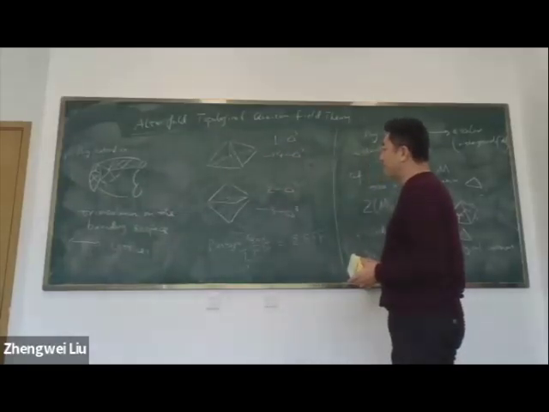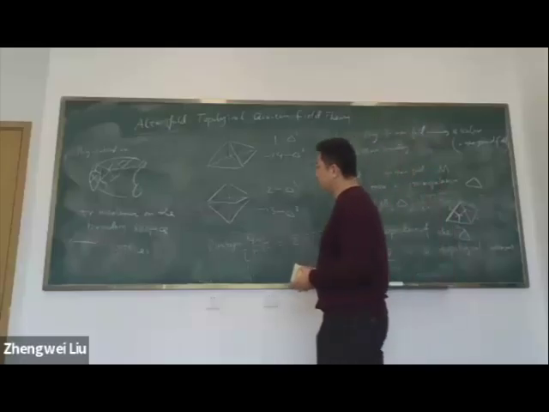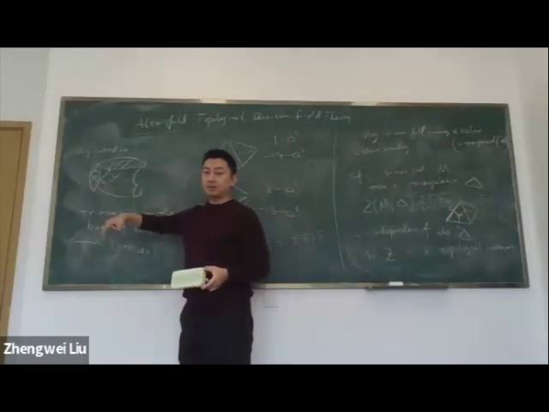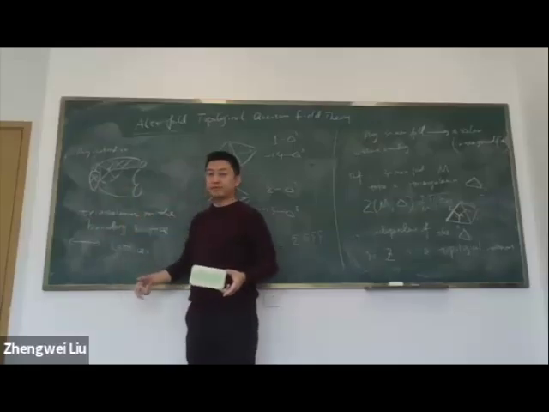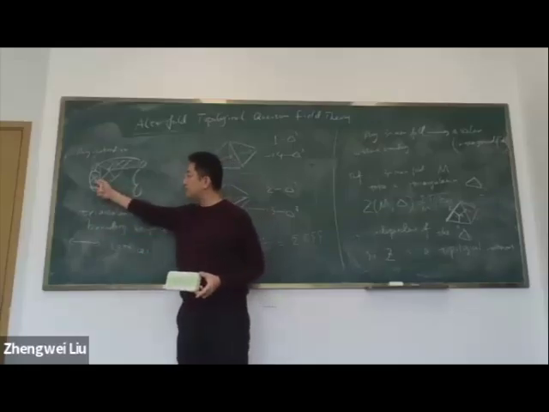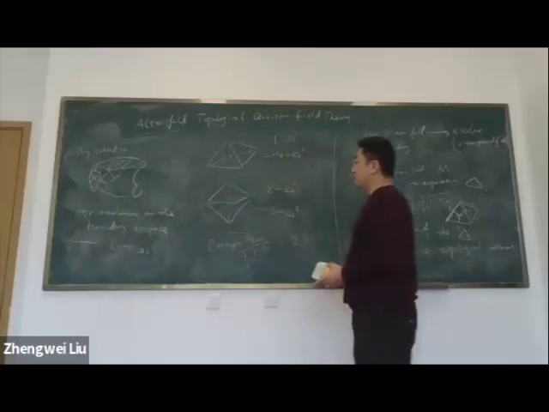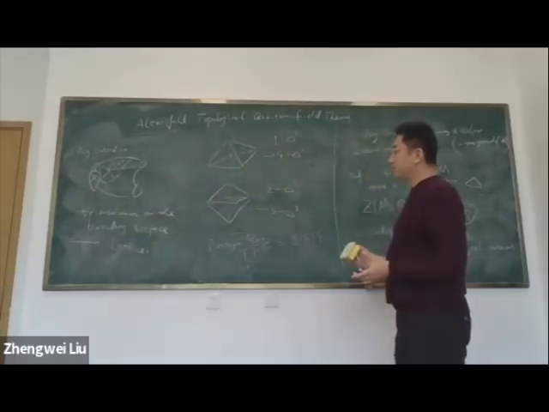And one way is to think about this: if you have a finer triangulation, you have the bigger vector space associated to this lattice model.